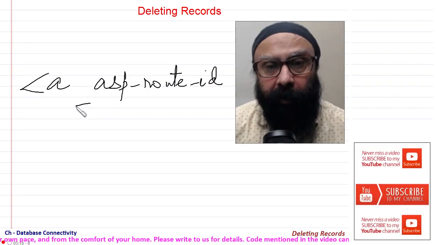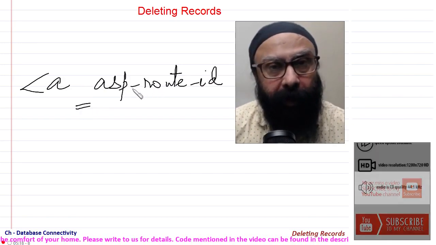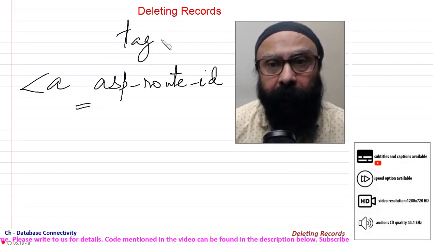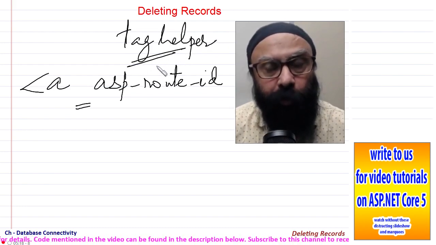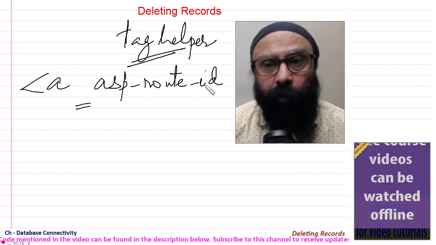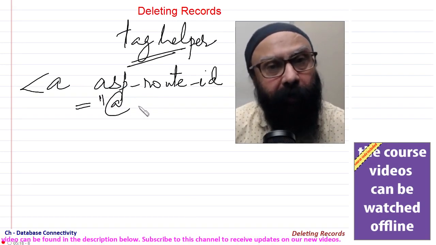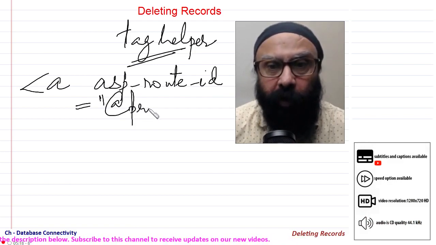asp-route-id. This is equal to, now this is the attribute set on the anchor, and it is a tag helper. You will see this tag helper on the page that I will show you in a moment. asp-route-id is equal to, you pass that parameter, whatever it is. That parameter, let us say, is prod.Id.